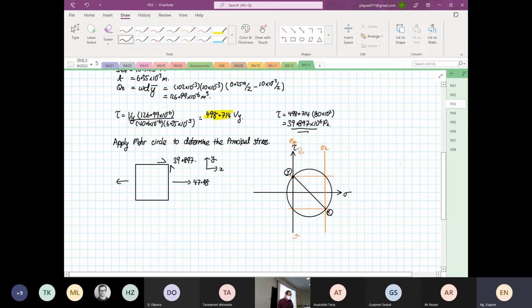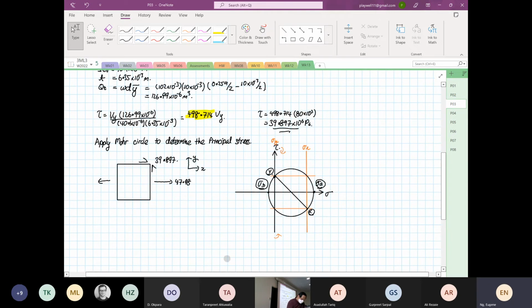So what we are trying to find out here is we are trying to find our stress A and stress B value. More important is our stress A because that's where it's going to be maximum. Okay, so from here we can directly calculate our stress average, right?